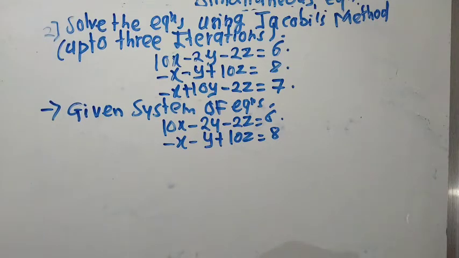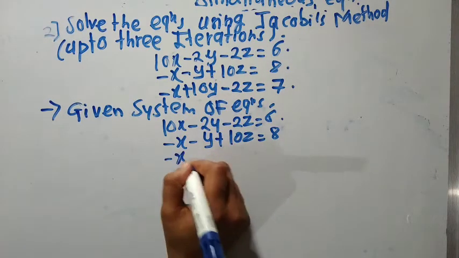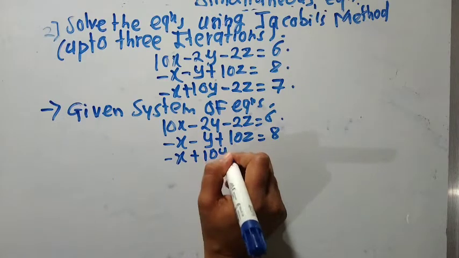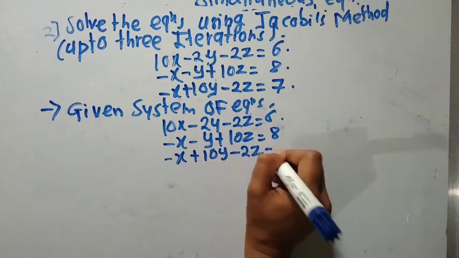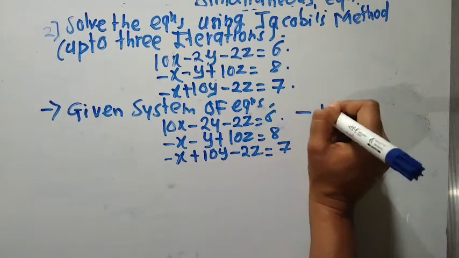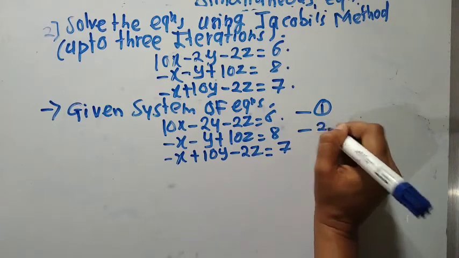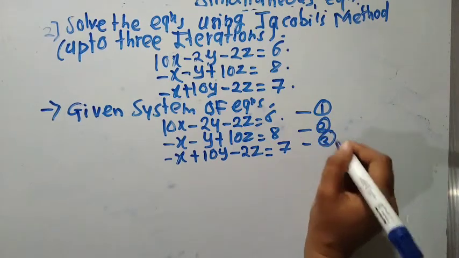And the third equation is minus x plus 10y minus 2z is equal to 7. Second and third equation.